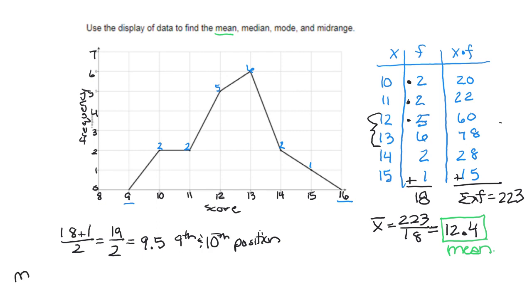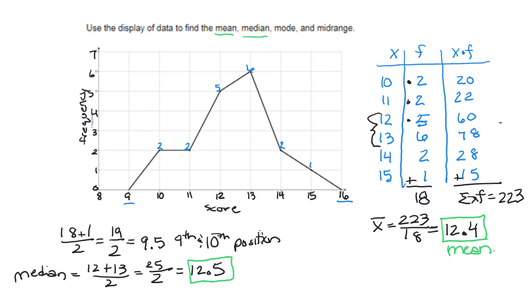So my median is equal to 12 plus 13 divided by 2, 25 divided by 2, and that's going to give you 12.5. All right, that is my median.